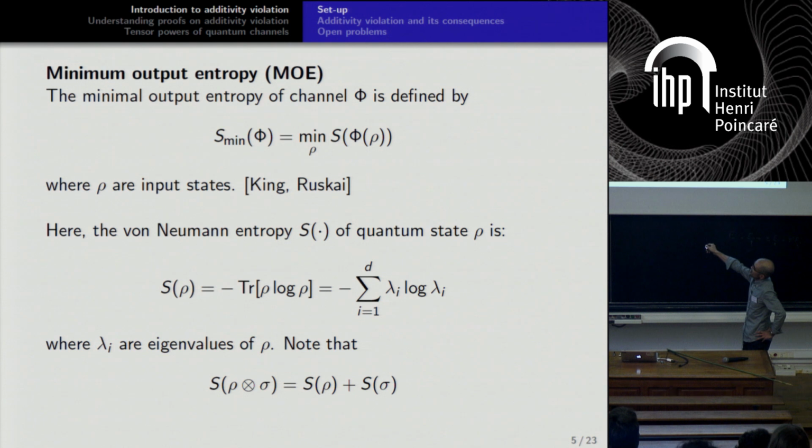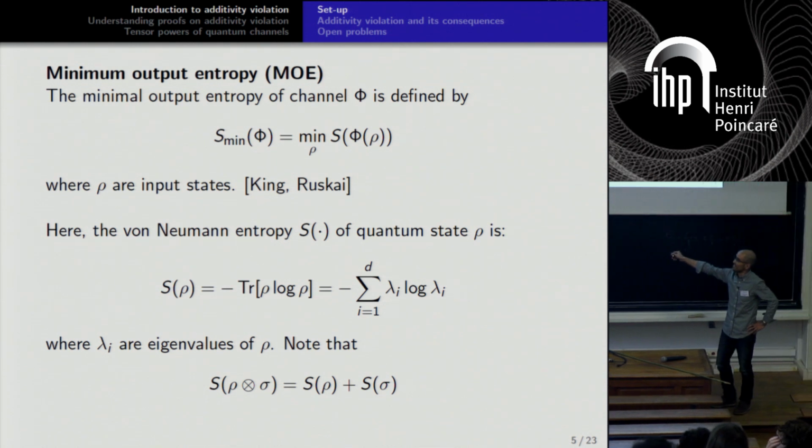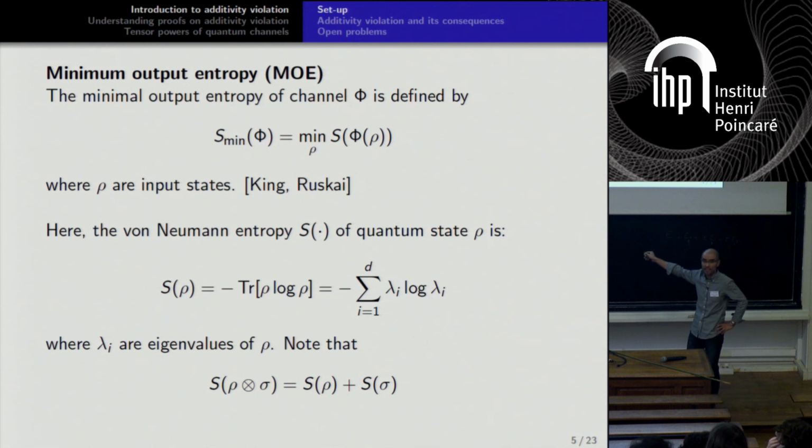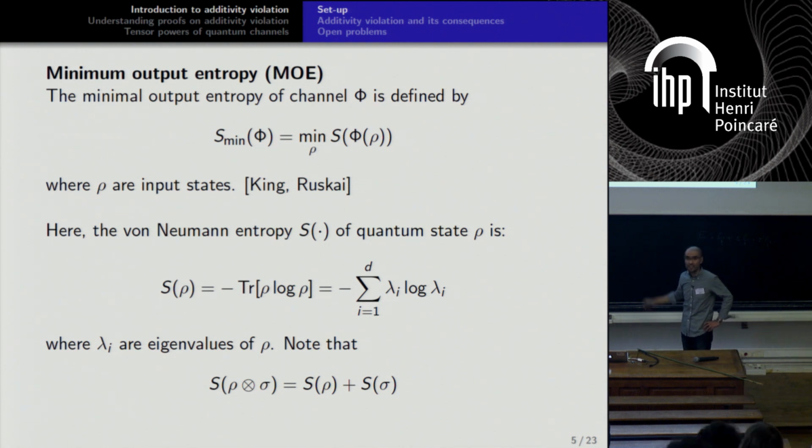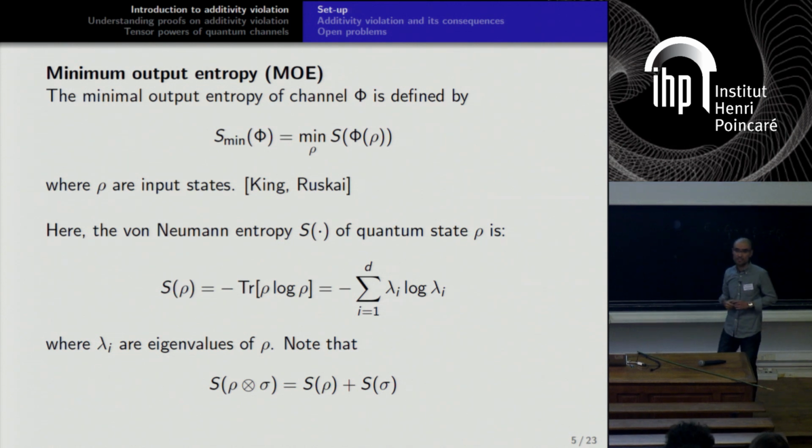In this line, I made some small notes. Suppose we have a product of two quantum states. The entropy of this product is just the sum of these two entropies. For people who are not familiar with this kind of calculation, I'm going to mention briefly. We have eigenvalues for rho and sigma here, but with the tensor product, the eigenvalues are a multiplication of these two eigenvalues.